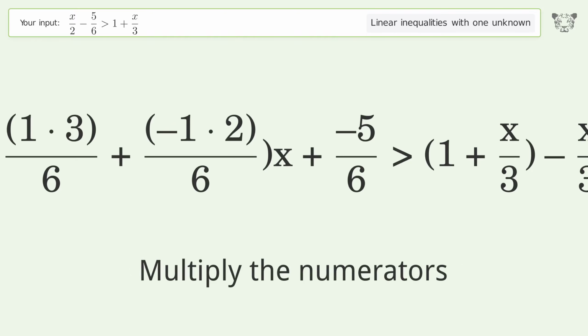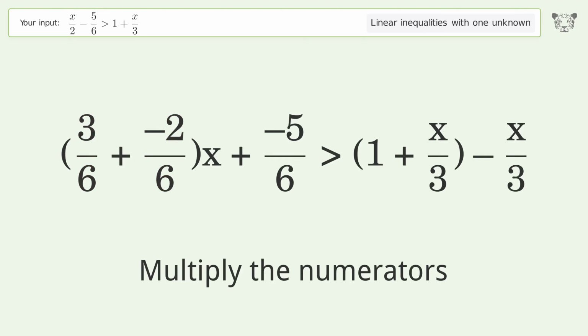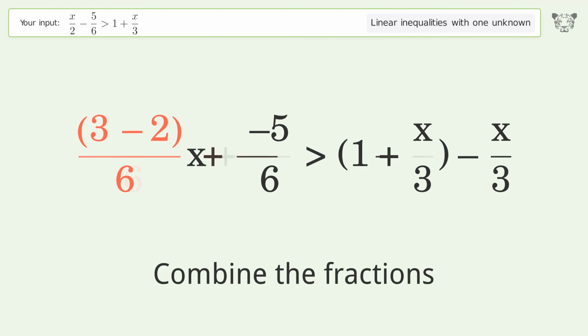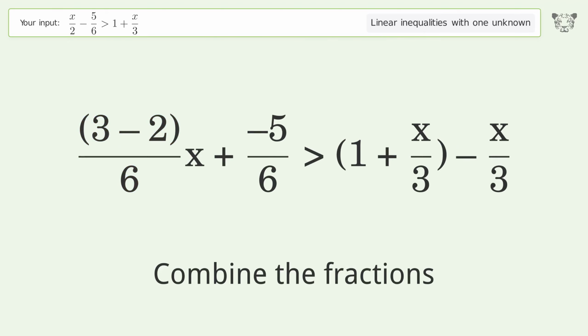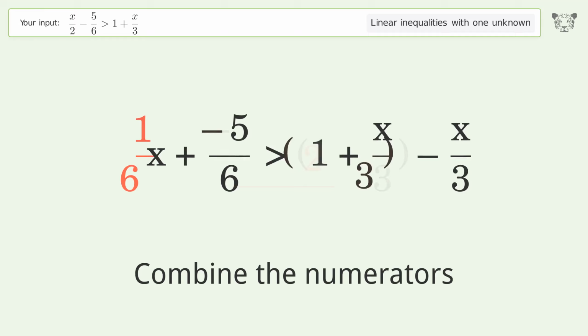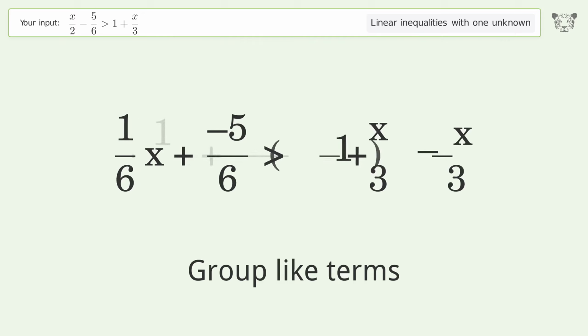Multiply the numerators. Combine the fractions. Combine the numerators. Group like terms.